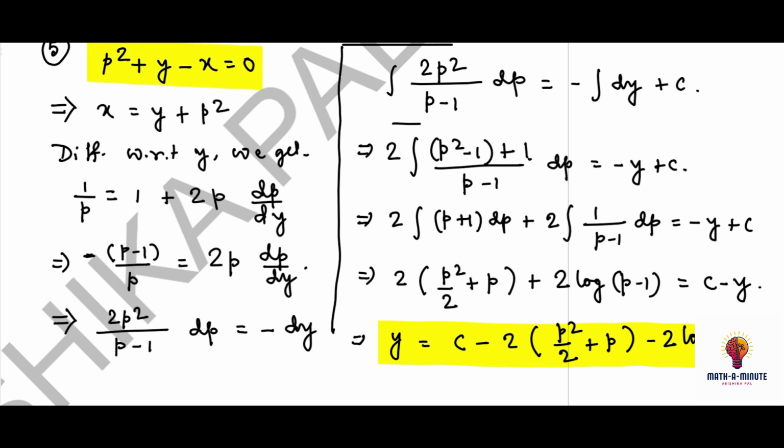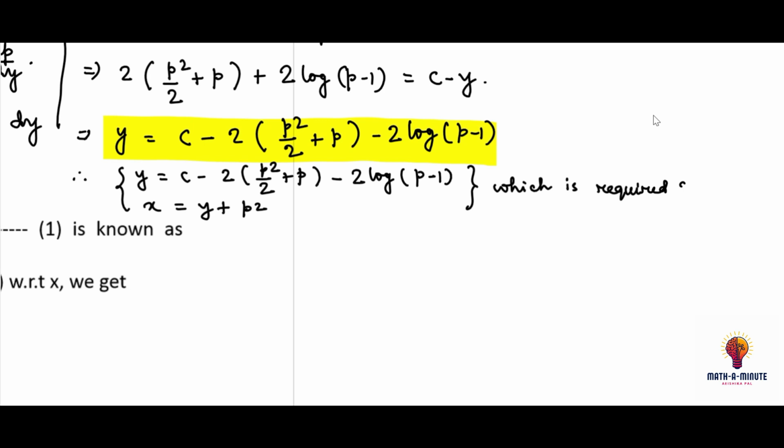But for this problem, it will be a little bit difficult to find the value of p in terms of y and constant. So what we can do is just write both of these two equations like this. So this is our required solution of the given equation.